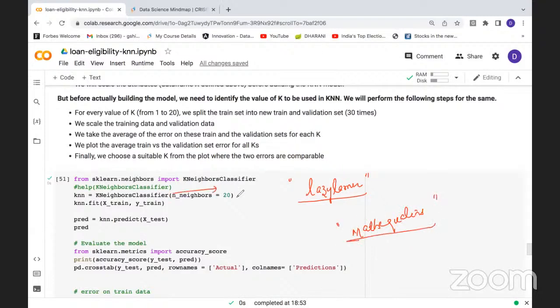You give the data, it gives you the output based on a distance calculation. It's memory-based learning. Take the data, give the output. It is not learning any patterns. And the only thing you have in your hand as a tuning parameter is K.